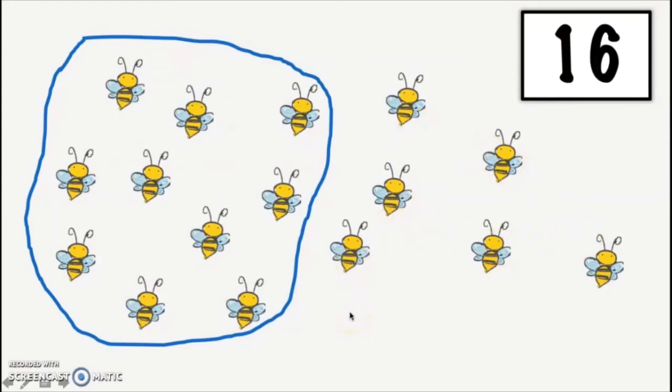Okay, so we want to show a team number actually has that 10 in there, right? So if we circle the 10, not only does it really show what's going on with that team number, but also it shows the different parts so it's easy for us to check to make sure we have just enough. 10, 11, 12, 13, 14, 15, 16. All right, excellent job. Erase your board, friends.